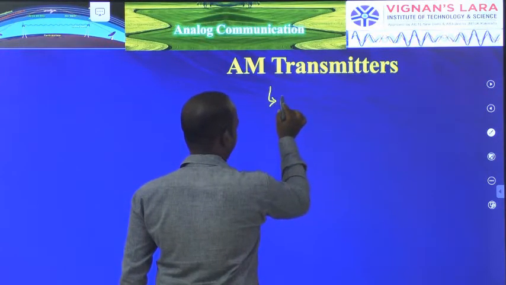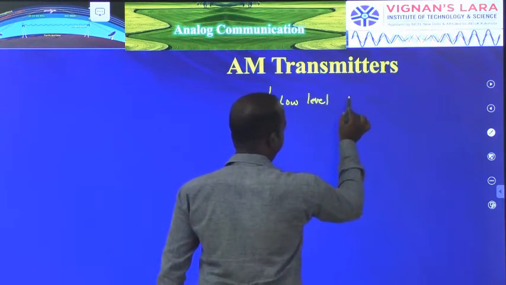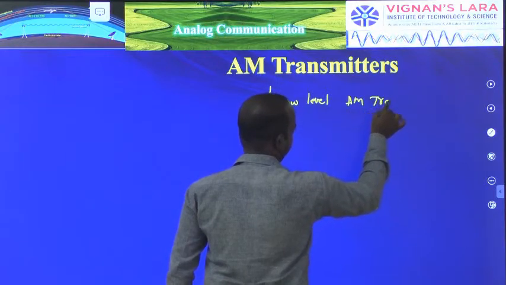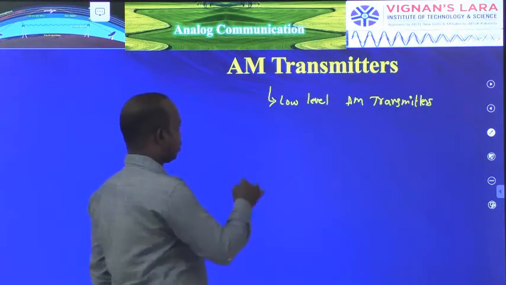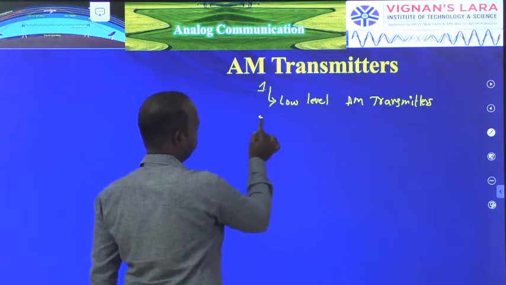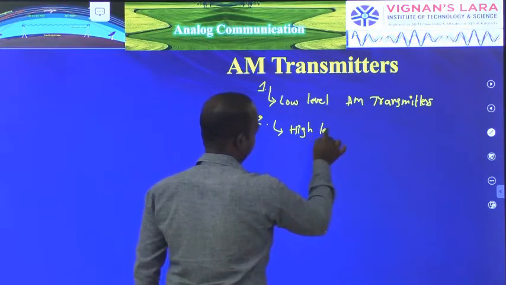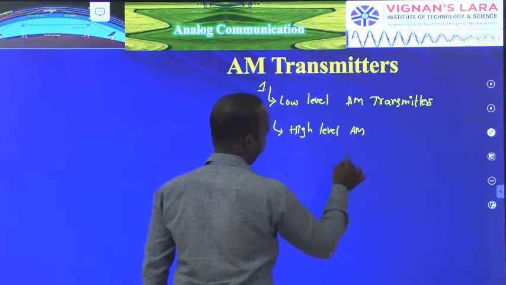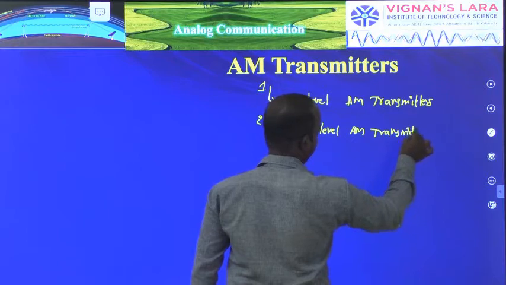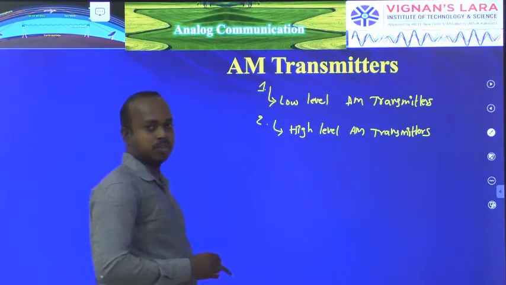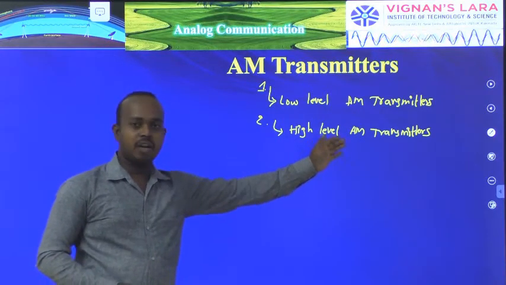One is low level AM transmitters and the second one is high level AM transmitters.